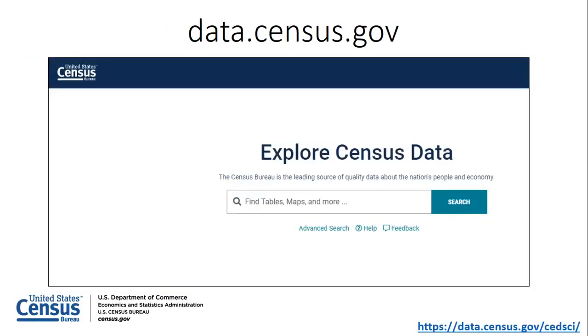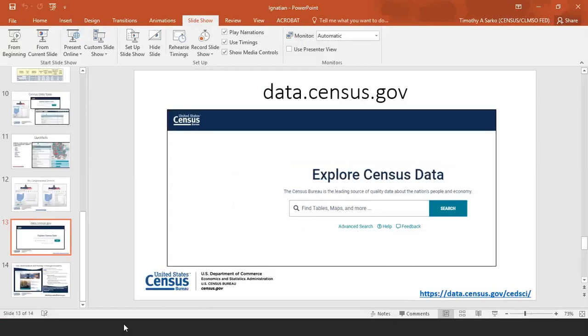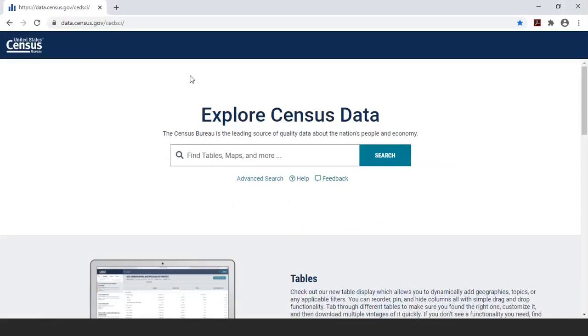Next, we have our main data tool, data.census.gov. Data.census.gov is a new platform to access data and digital content from the Census Bureau. You have two search methods. The single search bar, which is here, and the advanced search.